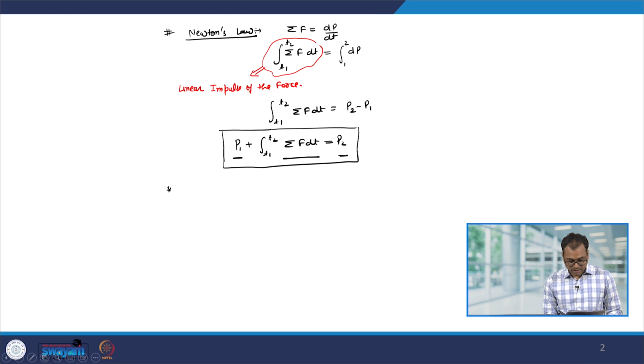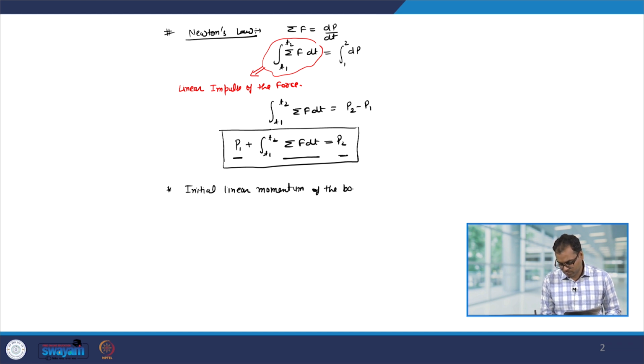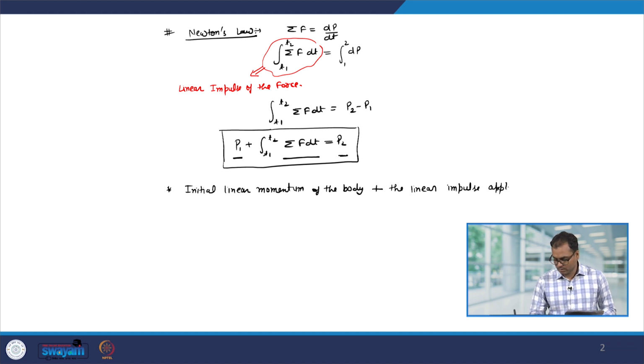The initial linear momentum of the body, which is p1, plus the linear impulse applied to it will be equal to the final linear momentum.